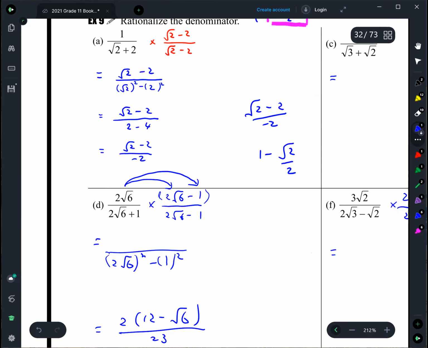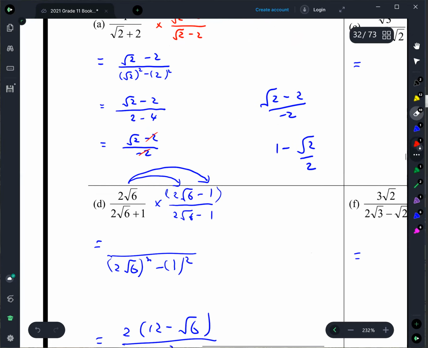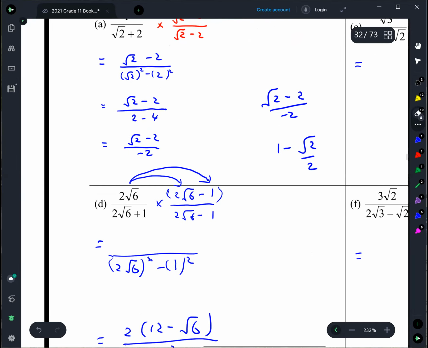Now for this one, if you really want to simplify the fraction, remember, I told you you have to be fair. So you cannot just say, let's cancel out these two. If you want to reduce, you have to reduce for both of them. So far, this one is the right one, it matches.